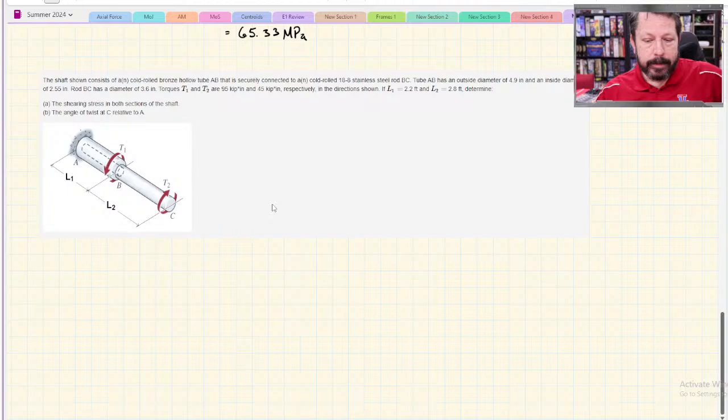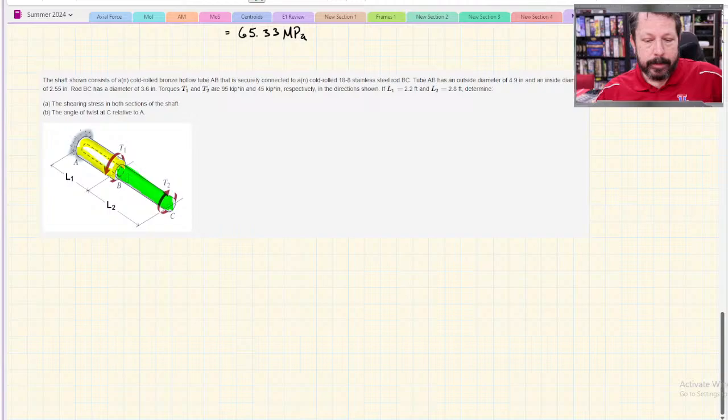All right, so we'll color that yellow. So this part is hollow, and it's one material, cold rolled bronze. It's securely connected to a cold rolled stainless steel rod BC. So we'll make that one green just to have a different color there. So that's a different material.